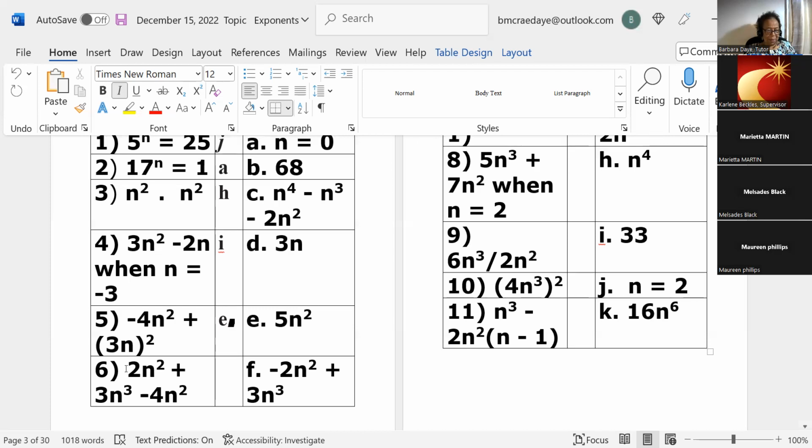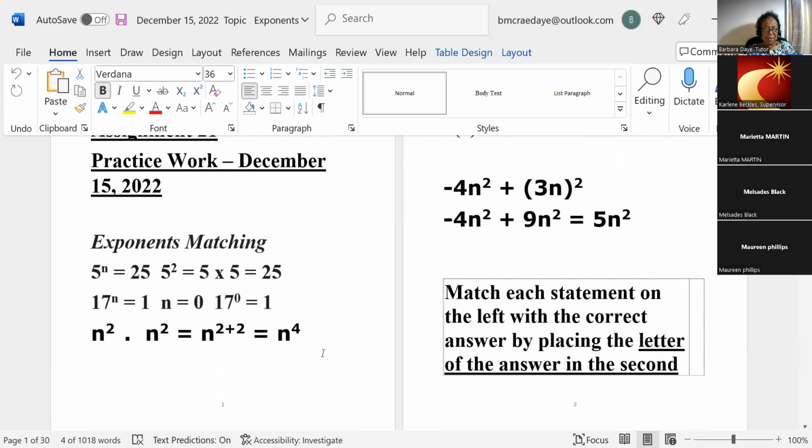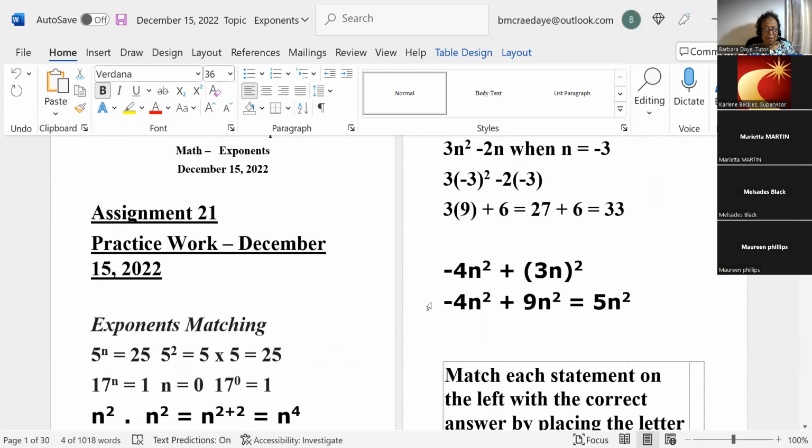Let me copy number 6. This was number 5, I'll put this here.